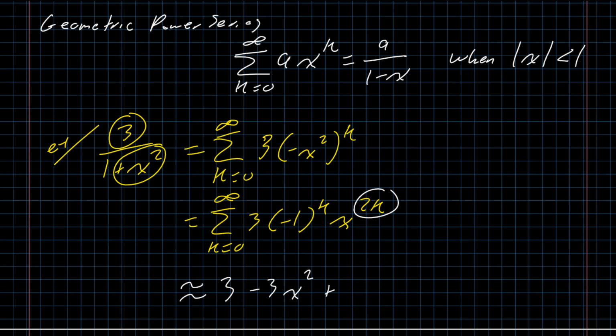And then we will have plus 3x to the 4th, minus 3x to the 6th, and so on. So it is a polynomial. It only has the even terms, but it is still a polynomial, and it still satisfies that rule of power series.